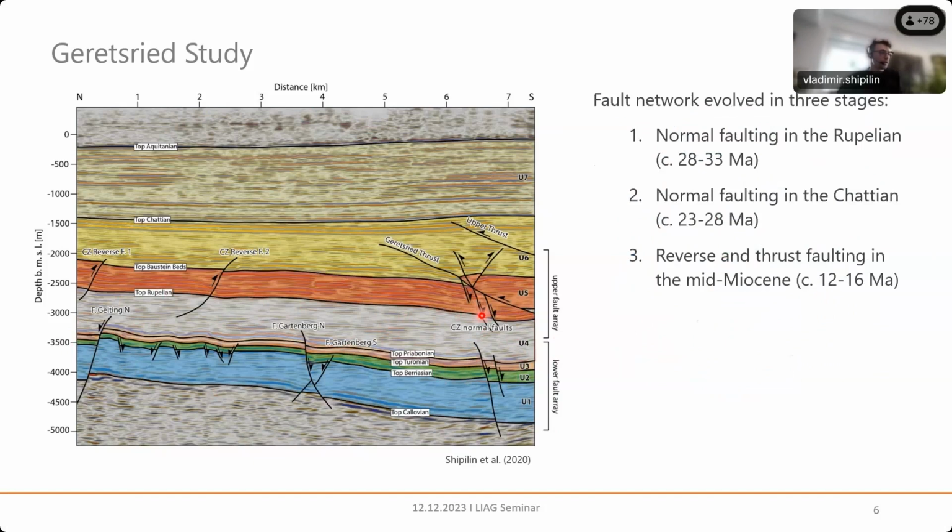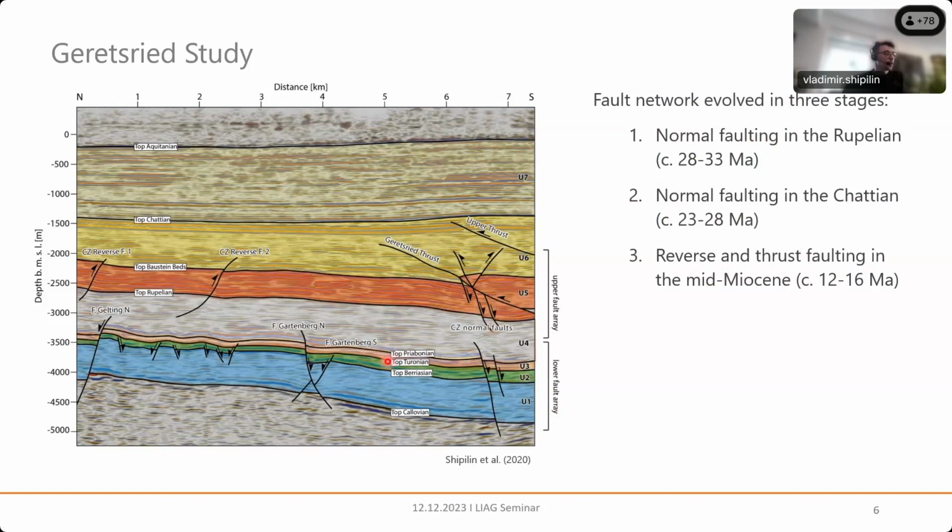Having analyzed fault displacements and growth strata, I was able to establish, first of all, the timing of the faulting. The lower fault array originated during the flexural bending in the Rupelian.